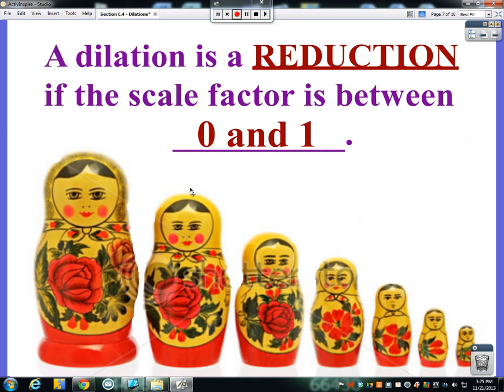So any fraction between 0 and 1 will be considered a reduction. Now, does that mean all fractions are a reduction? No, because what if I talked about a scale factor of 7/2? Well, that's really 3.5, so the shape would be growing 3.5 times larger. So a fraction doesn't guarantee a reduction.